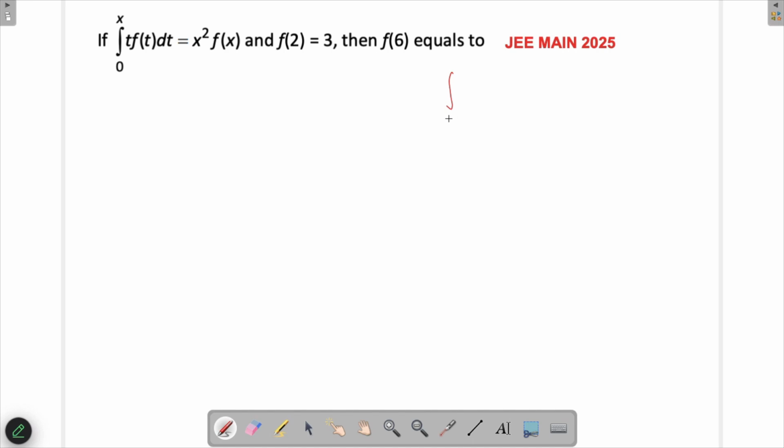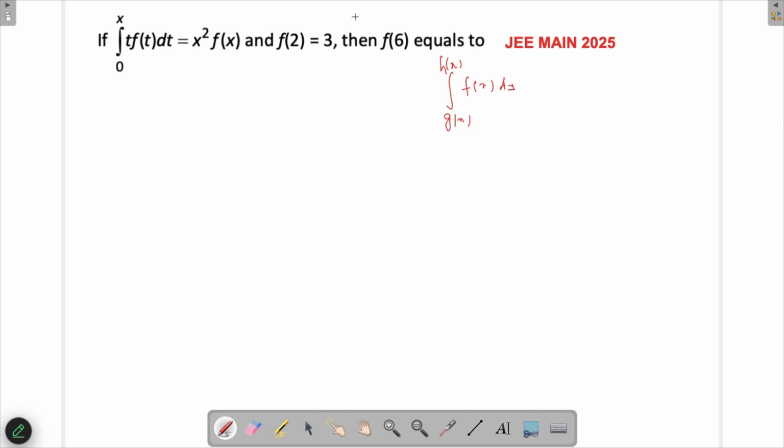What this formula says is, let g(x) and h(x) be the upper and lower limits, and then this is f(x) dx.